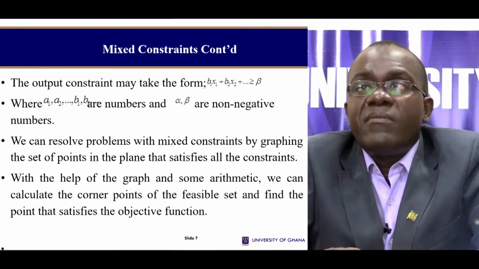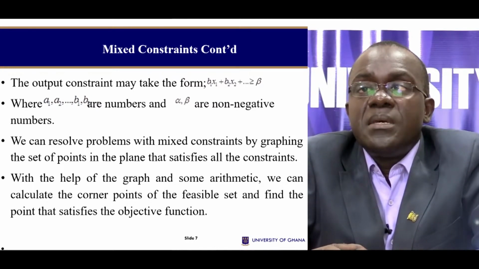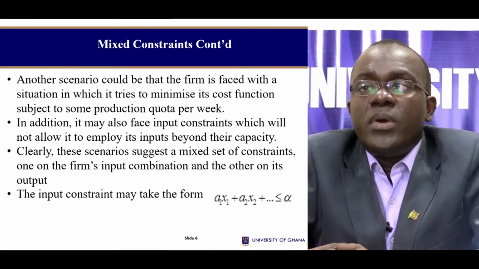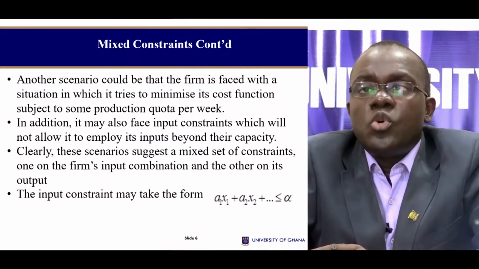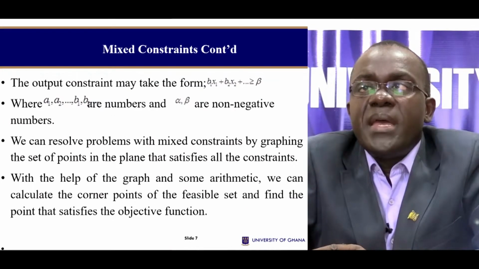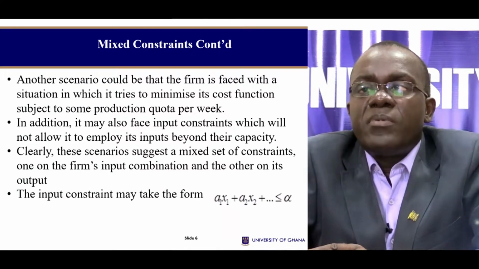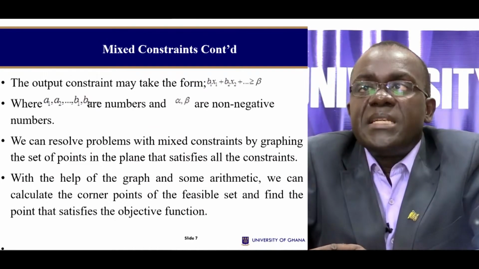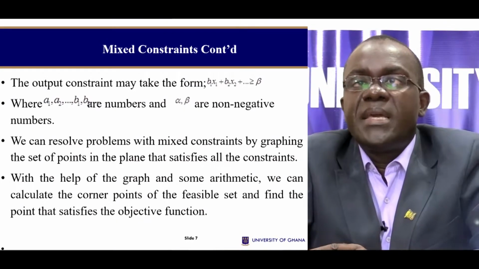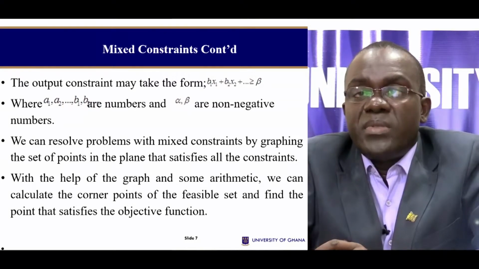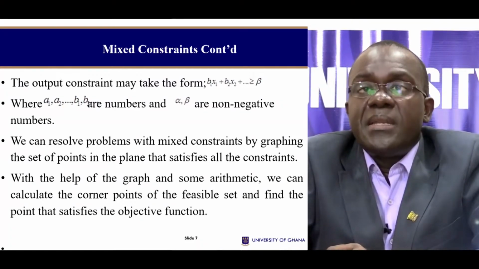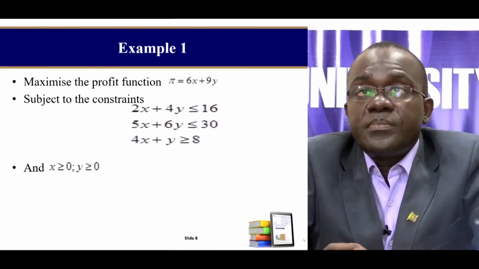When you have the constraints being greater than, it means you are talking about minimization, and when you have less than, it means you're talking about maximization. So we are going to have a situation where the constraints are a mixture of maximization and minimization. And as usual, we will consider the non-negative section of the Cartesian coordinates.